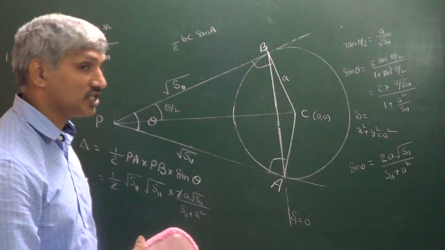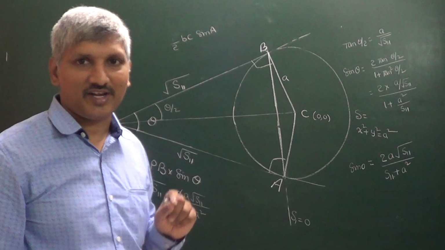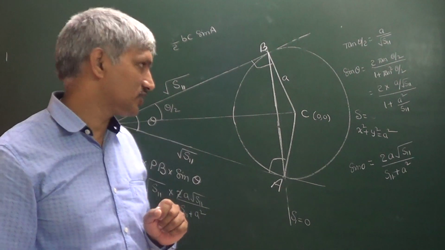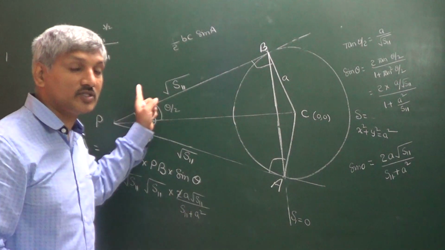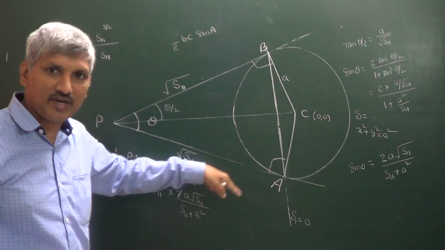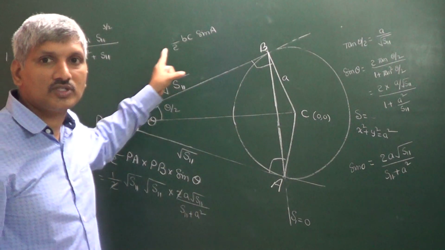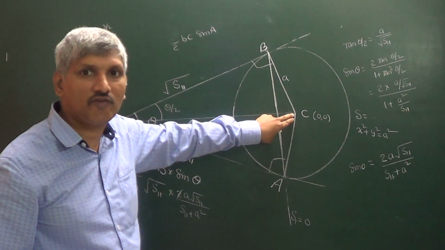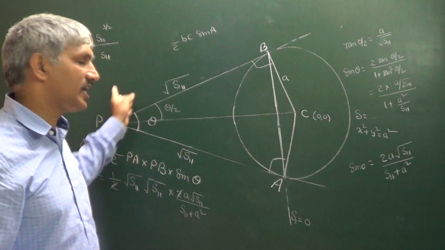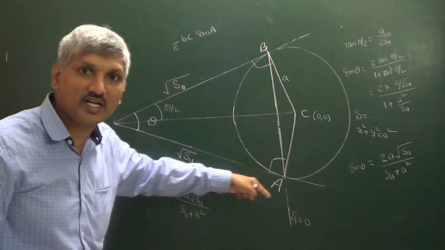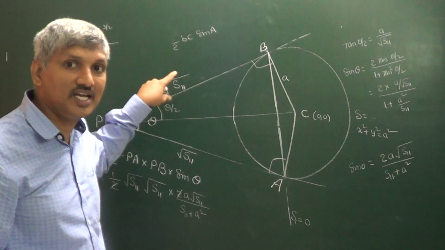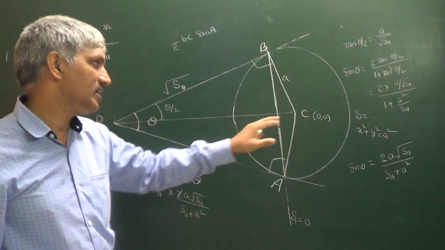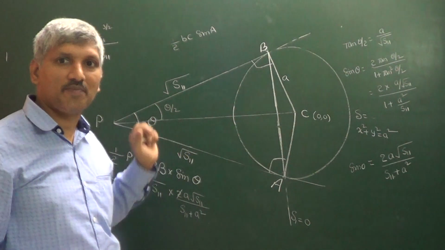So that is the discussion regarding chord of contact. The first point we discussed is that a circle circumscribing the triangle PAB must pass through the center of the circle. That circle's center is nothing but the middle point of CP.